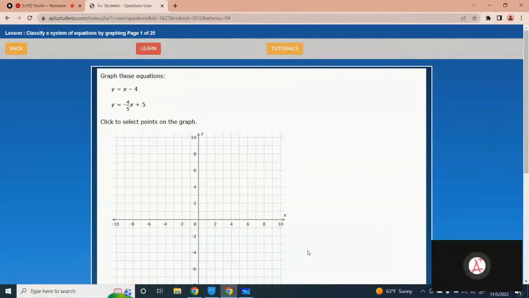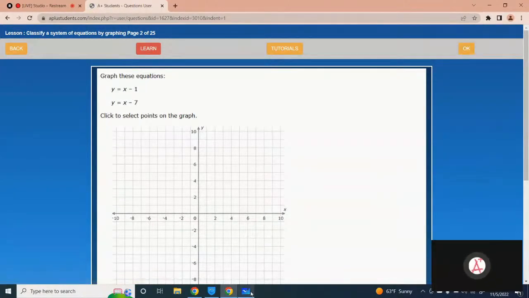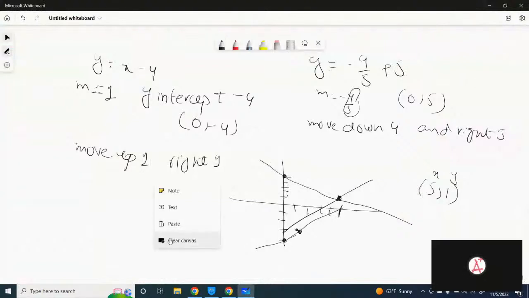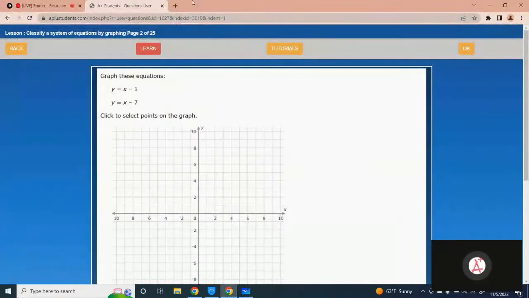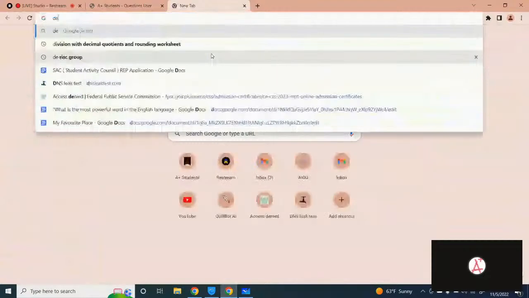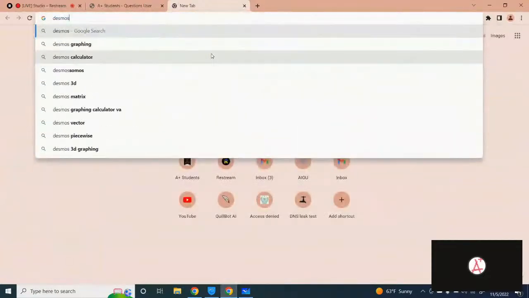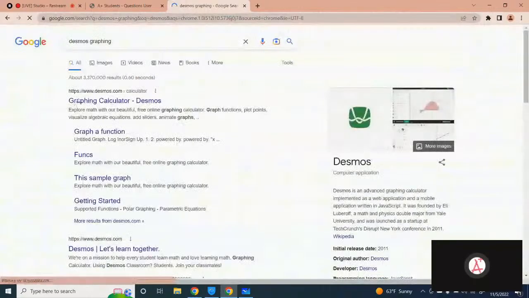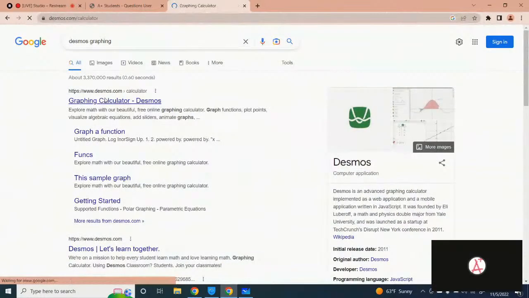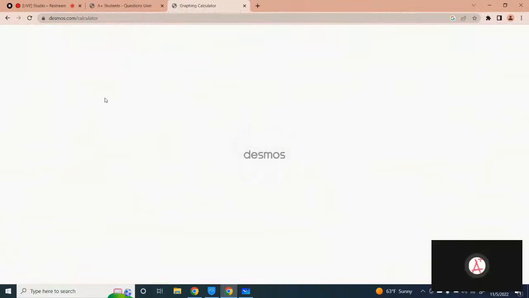Okay, the next one is y equals x minus 1 and y equals x minus 7. I'll plot these graphs on the online tool so that you can understand the graph. Okay, this is the line for y equals x minus 1 and y equals x minus 7.